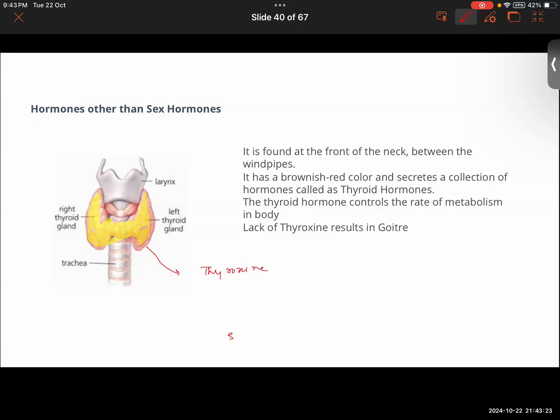Okay, now let us understand what this hormone will be doing. This thyroxine hormone is responsible for controlling the rate of metabolism in our body. The thyroxine hormone, produced by this thyroid gland, regulates the metabolism of the body. It has some other functions also, but the main function is that it regulates the metabolism of the body. Now the question comes: what is metabolism?